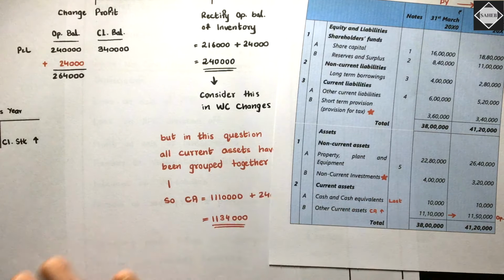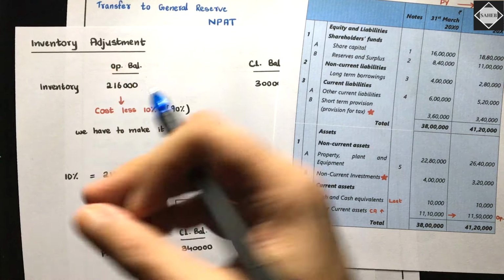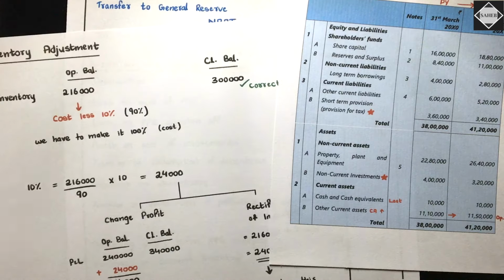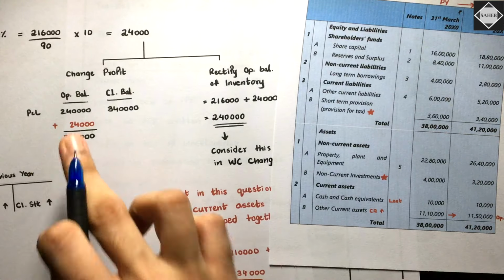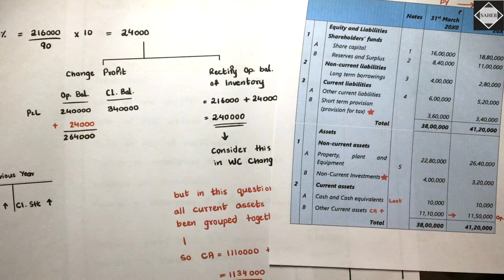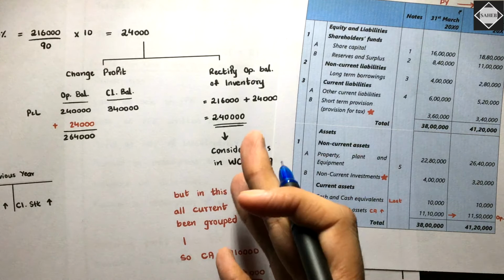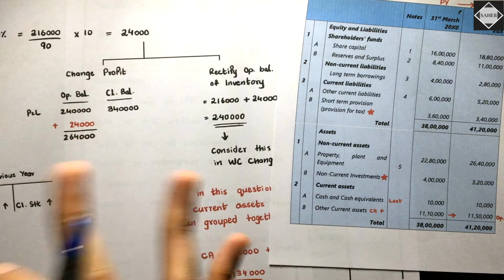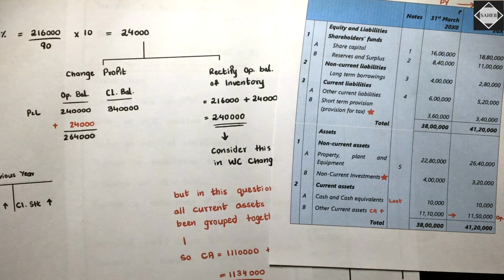Even if you ignore the inventory adjustment in the question, your answer will still be the same. Why? Because you're changing the profit as well as making the change over here. So it gets nullified. One effect is in the asset and another effect is in the profit. Both get nullified. But still ICAI does the inventory adjustment, so we have to do the inventory adjustment.